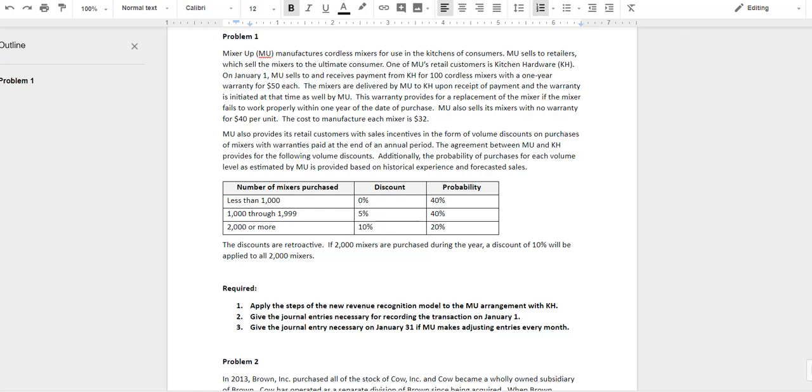So it's a 20-80 split. If you look at the standalone prices, 20% of it is for the warranty, 80% of it is for the actual mixer.